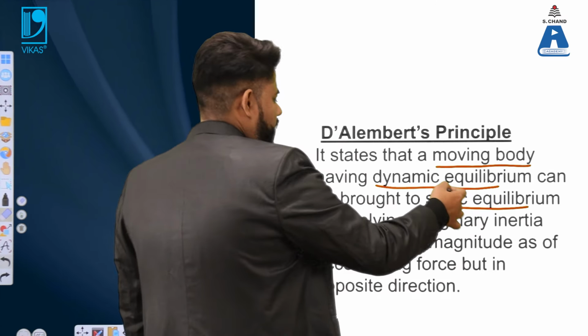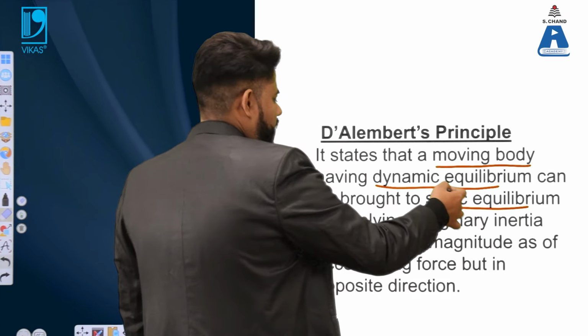Now what is being done here? I have this accelerating force, which is F equals ma, and I have to apply another imaginary inertia force having the same magnitude.